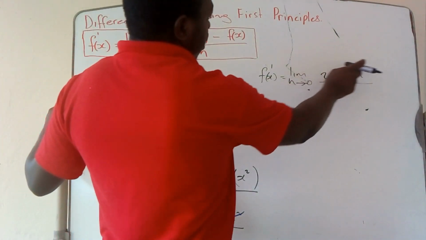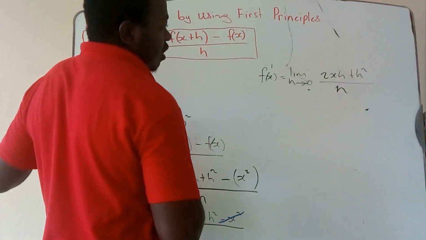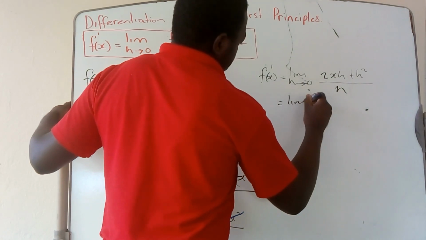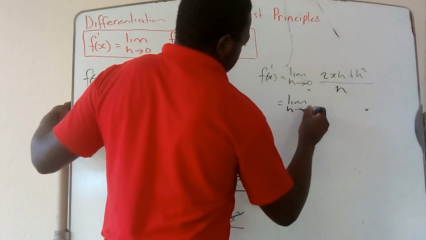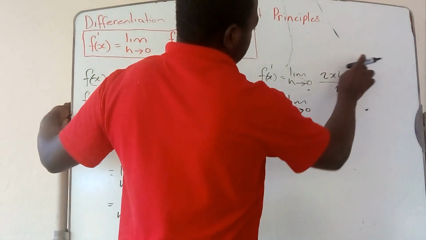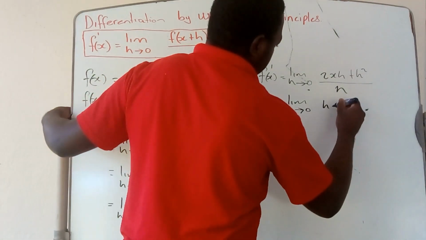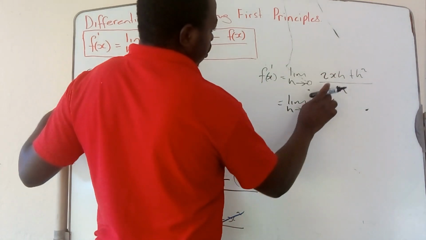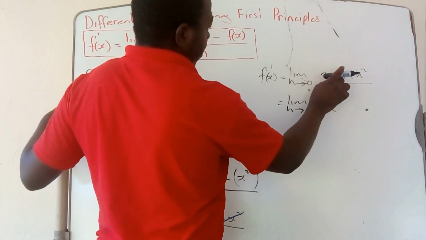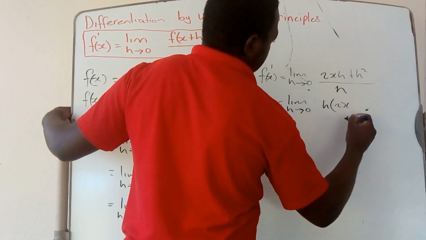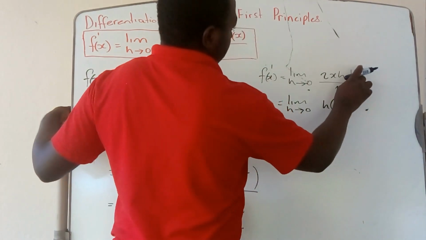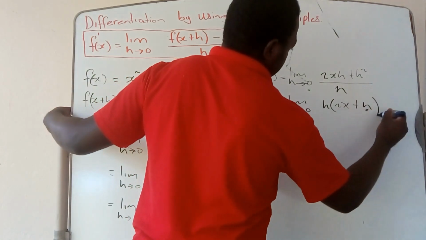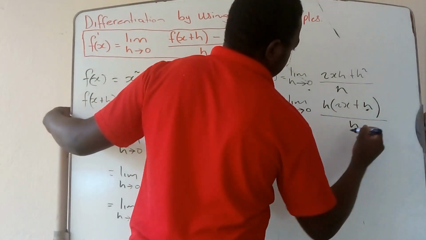Now here we have h in both terms. That means we can factor out an h. So here, the limit as h approaches 0, if we factor out h from the numerator, we take this h to divide the first term, which is 2xh, we are left with 2x, plus h squared divided by h, just left with h, all over h.